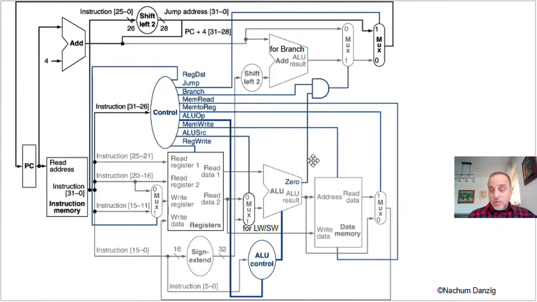Like I said before, for example, if it's a load word and we're reading from the memory, then this mem_write line will have to be a 0 and this will have to be a 1. So for each command, all these exit lines will be either 1s or 0s depending on what the command is. And that's the controller's job.